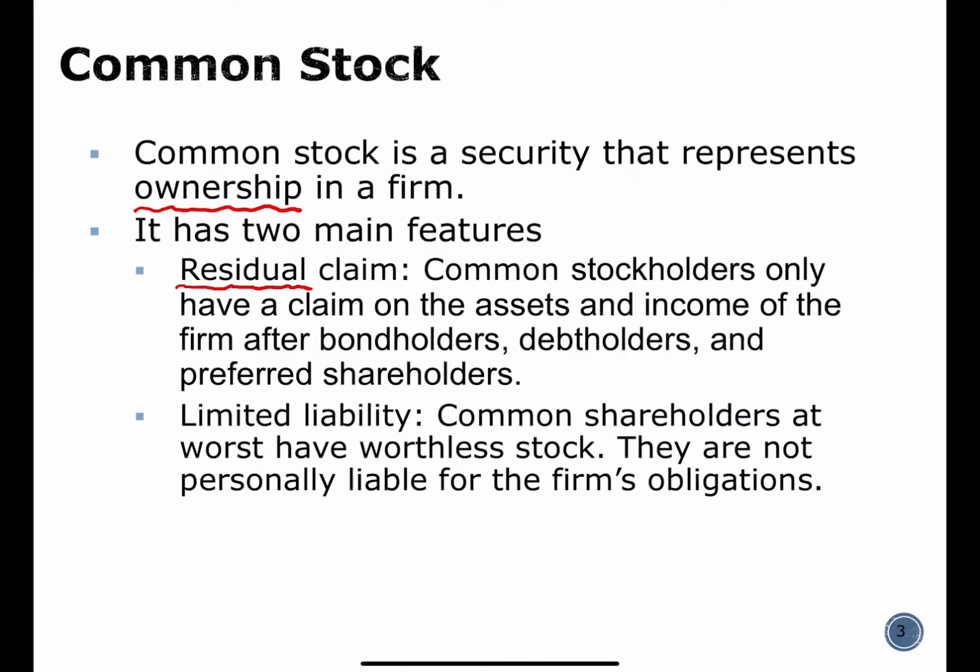As a shareholder, if you have some claim to this firm, you can only make your claim after some other stakeholders in this firm. So if you have a claim on the assets and income of the firm, you could only make your claim after bondholders, other debt holders, and preferred shareholders. It basically says you're the last in line to claim anything from this firm.